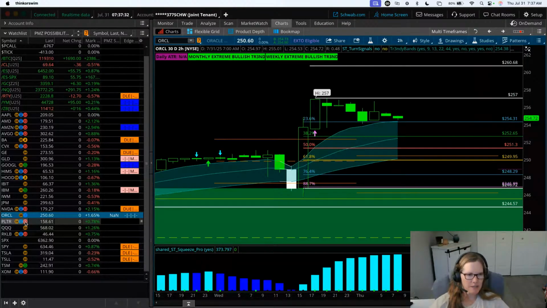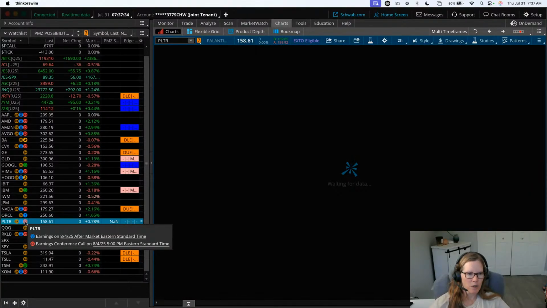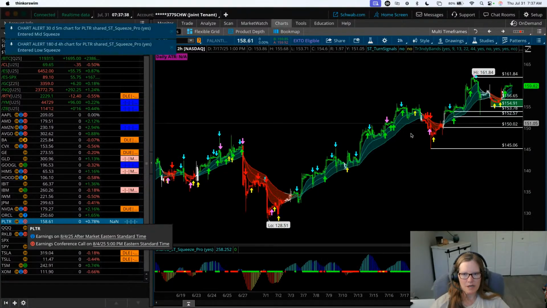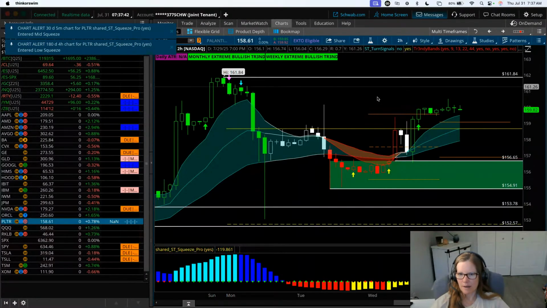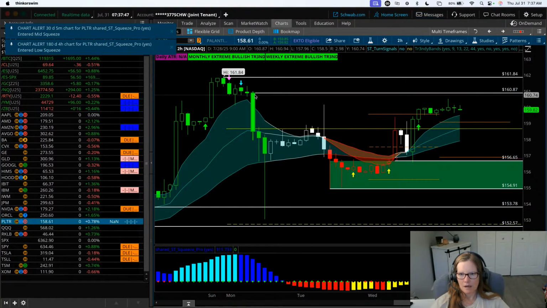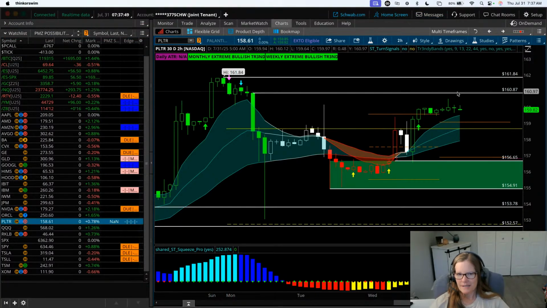Palantir has been on fire as well. As everyone knows, we have time to expiration. I'll just take a look at the day trading chart. This is an all-time high. A lot of topping wicks up in here. 160.87 by 161.84 would be my upside target.